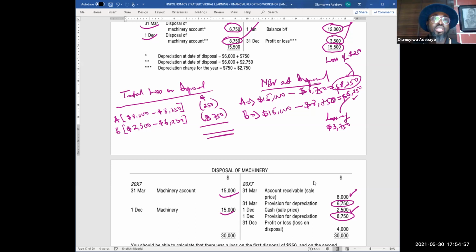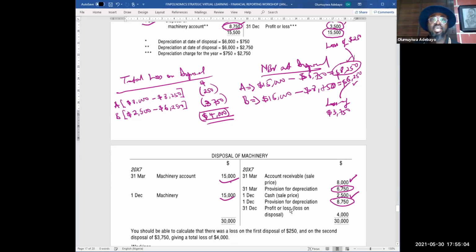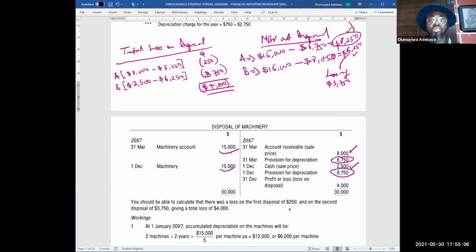Everything sums up to a total loss of 4,000, which is what was recognized as loss on disposal of 4,000, which will be reported in your profit or loss for the year.